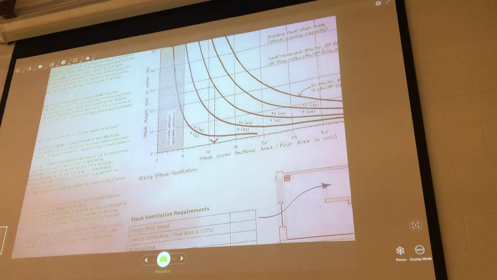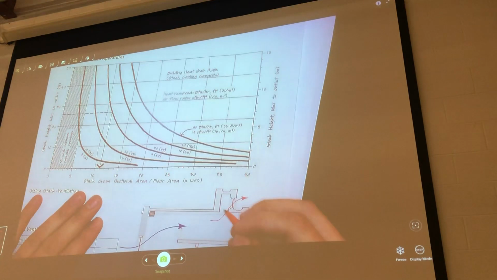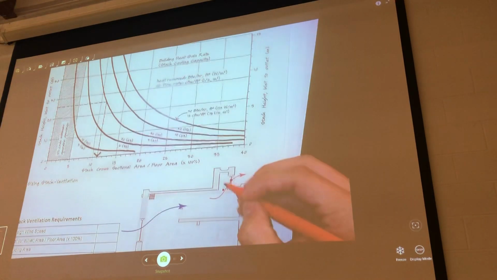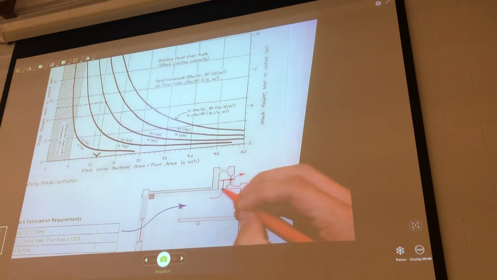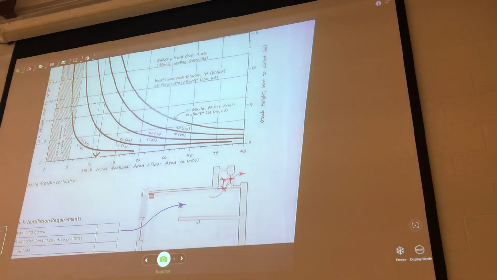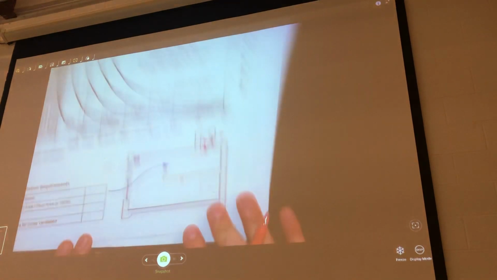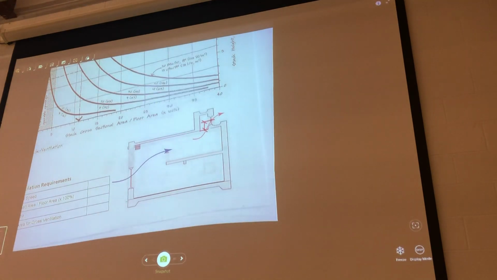And your chimney is going to be from the inlet of the chimney to the outlet of the chimney. So this distance right here in this diagram. So obviously with this particular design, that is very, very ridiculously short, which means we're going to need an absolutely huge chimney.